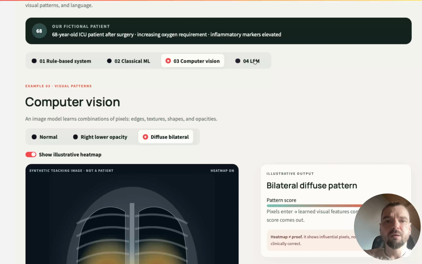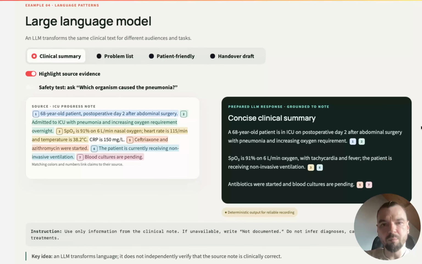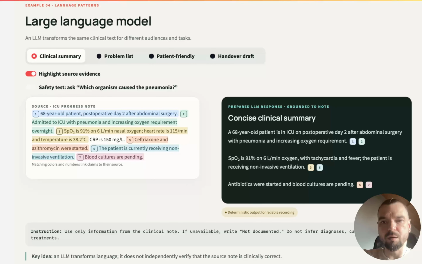And finally, indeed, large language models exist, they work, they help, and that's how they can help. So here is, for example, some raw text, a brief clinical note, and an LLM can make a summary, and it can even provide the parts of the note on which it built this summary.